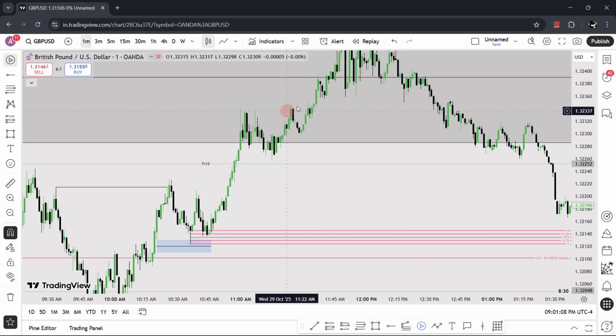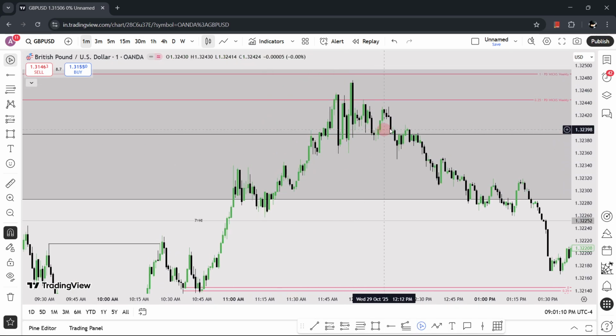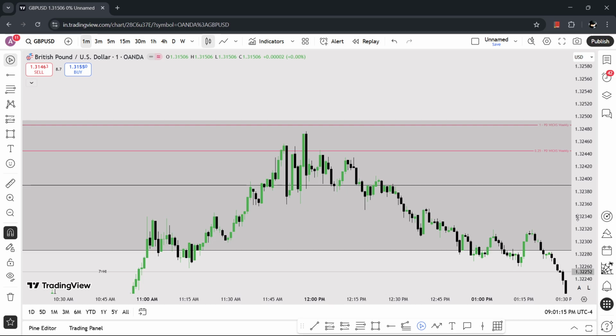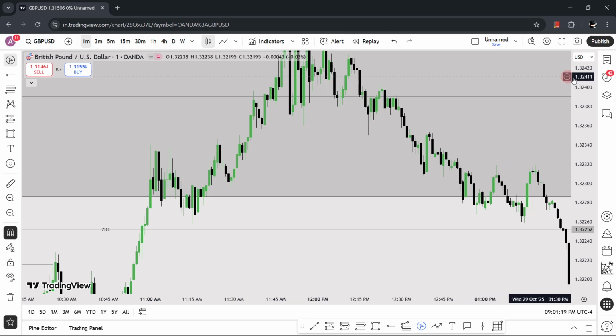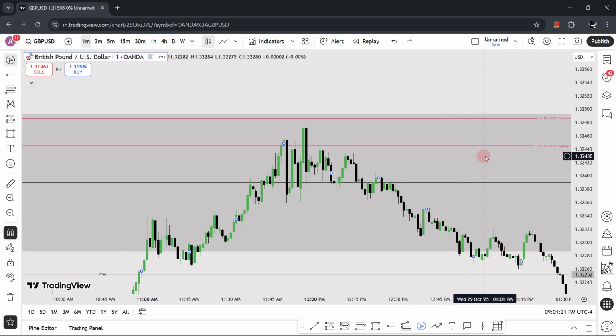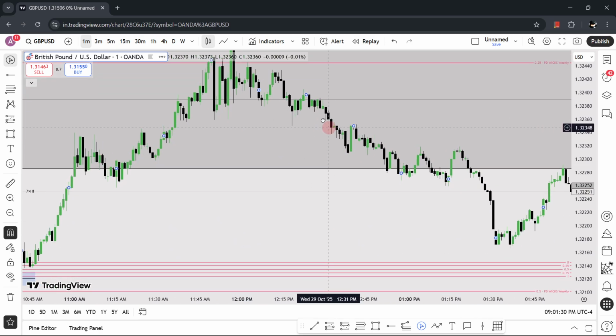Oh, it went all the way up there to that hourly fair value gap. I don't know what this is, but it is the closing price in the lower quadrant of that weekly, right? So the weekly started to break down.